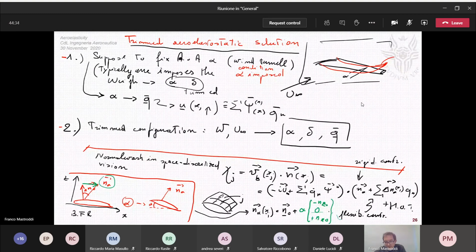So this green vector is a vector orthogonal, approximately. I say approximately because we are approximating this rotation motion.